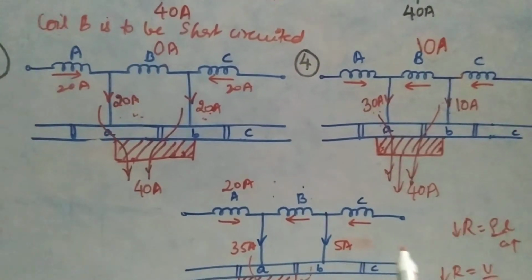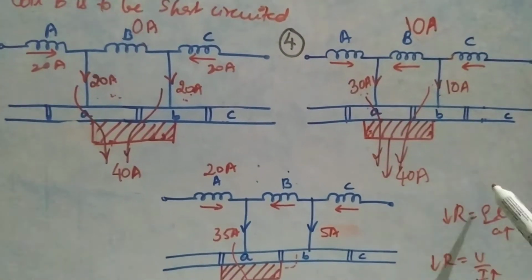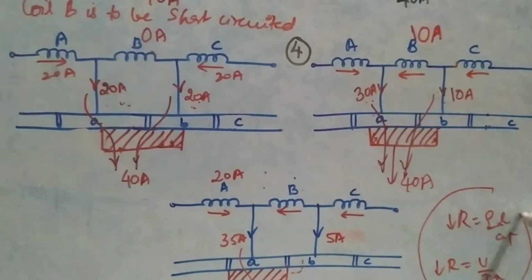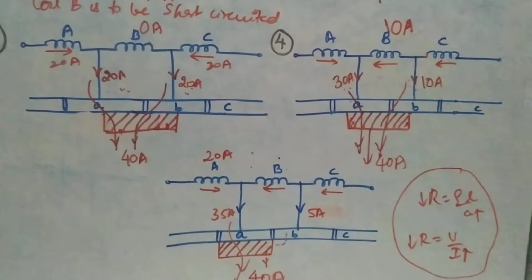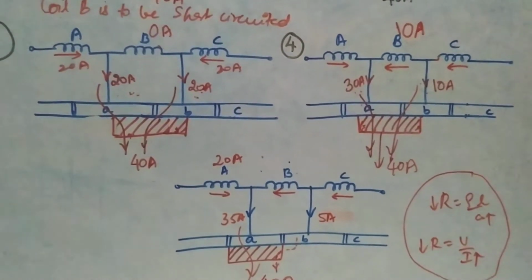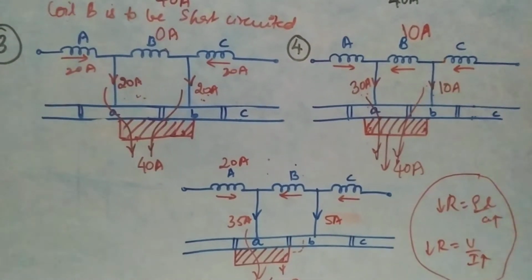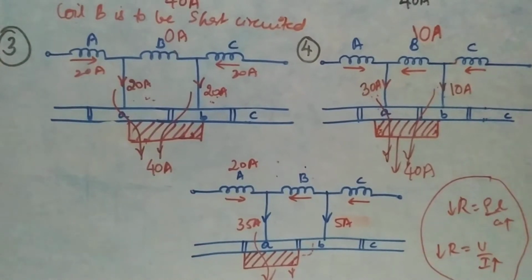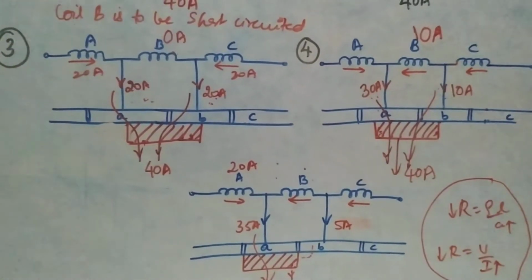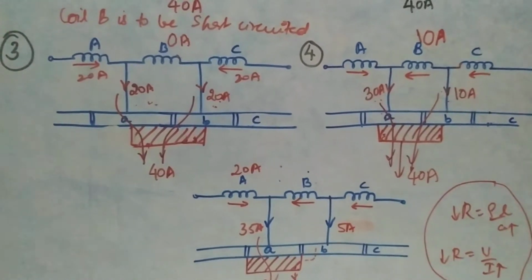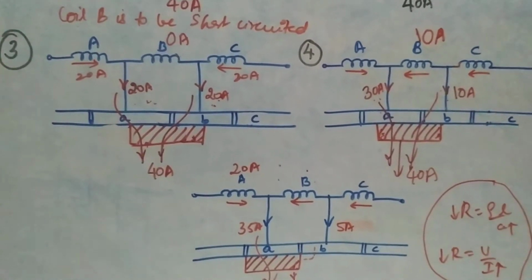Okay. Similarly, you can also understand by this basic concept of R is equal to rho L by A: when the contact area increases, the resistance decreases, and when the resistance decreases, current increases. So that means when the area of contact increases, current will increase. If the area of contact decreases, current will decrease.